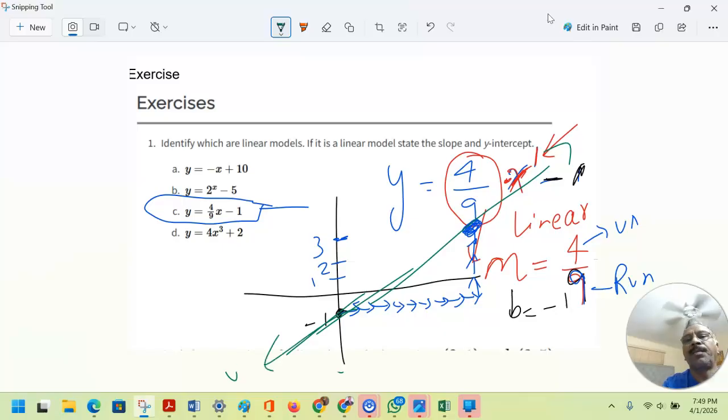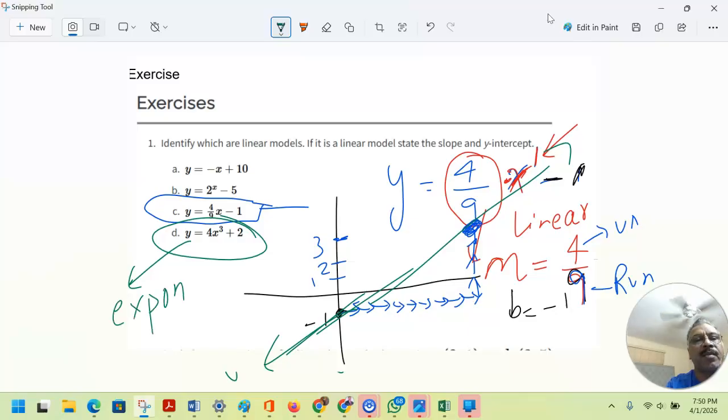So that's the understanding. Now, what does the next one basically mean? You see the exponent of the number that's raised, x, is 3. So 3 is the exponent there. This 3 is not 1. If it was 1, you would say linear model.